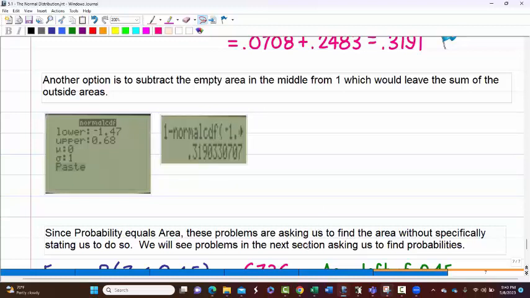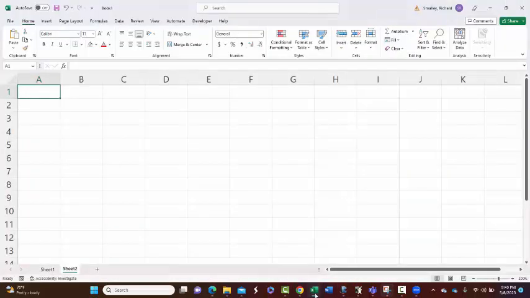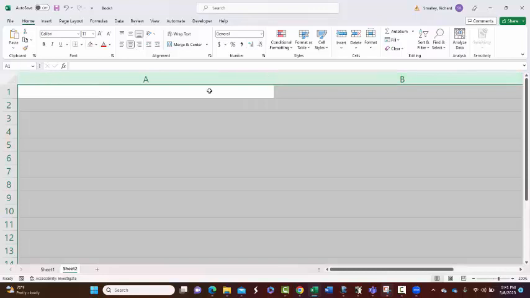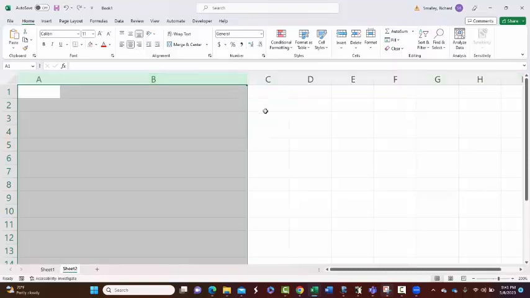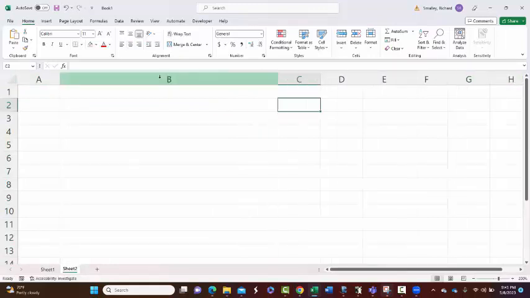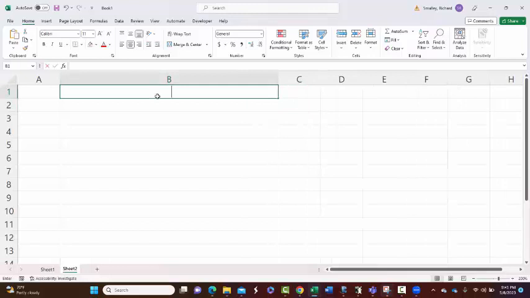Now let's try it in Excel. Better stretch this out. It's going to be a long command. I only wanted column B, just stretch, and get the formula text in there.